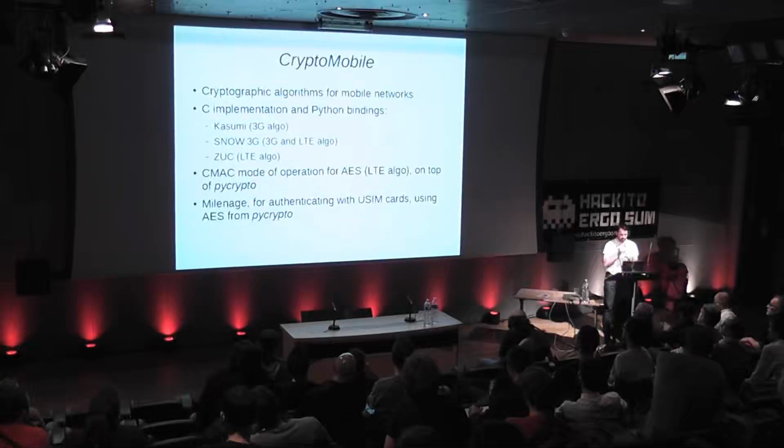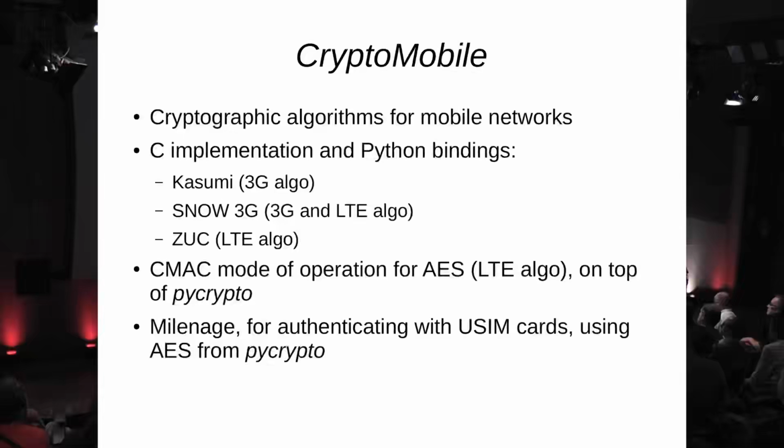The second library is called CryptoMobile. It's the one using ctypes, because there are some C implementations of the cryptographic algorithms which are used in mobile networks, so basically in 3G and 4G networks. They are wrapped into Python in order to be called easily from the rest of the library. There are 3 different algorithms in Python.